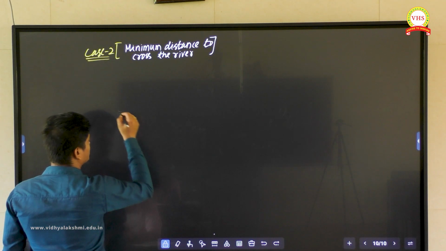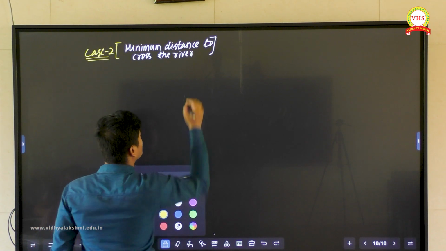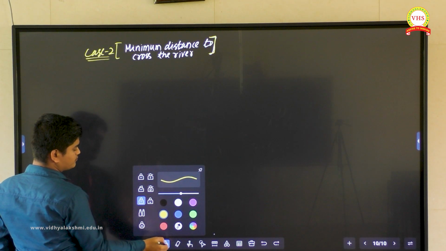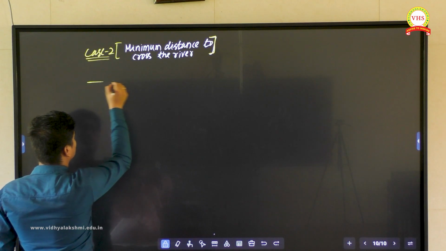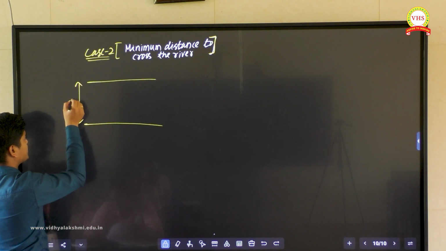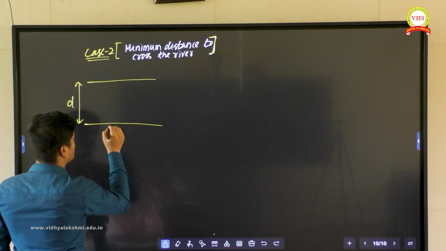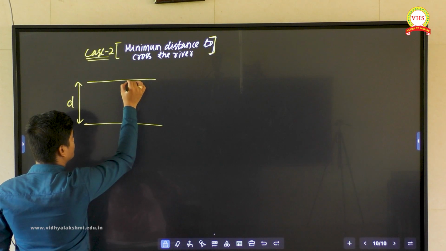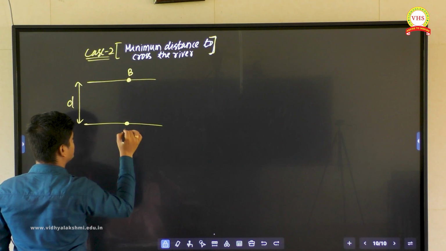First, all of you listen. I have one boat here and a river here. This is the river. What is D? D is basically the width of the river. Now I want to reach from A to B, the opposite bank.